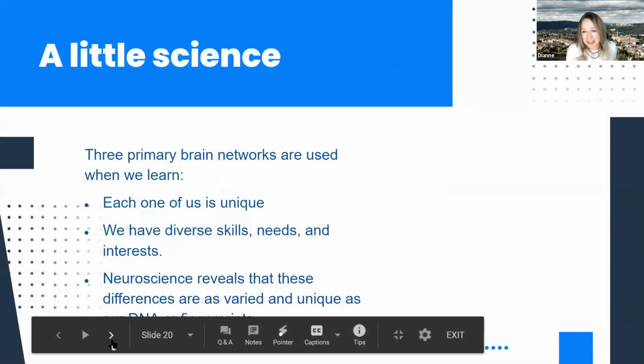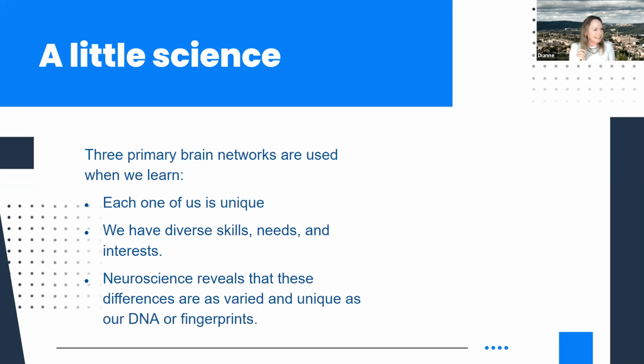So there's a little bit of science behind UDL, and I am a visual arts specialist. I am not a scientist, I do not propose to be a scientist, but I do understand that we have three primary brain networks. Each one is unique, and we have diverse skills, needs, and interests.